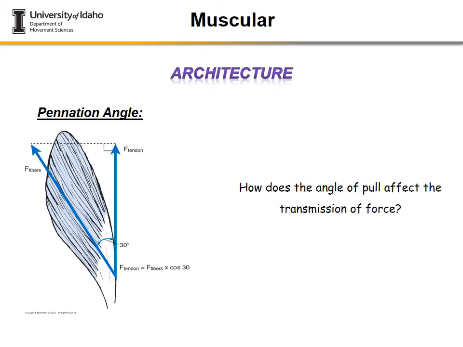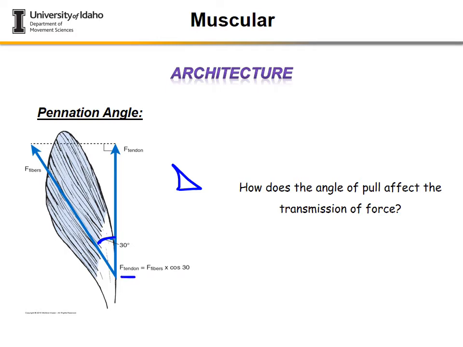And then when we get to architecture, pennation angle means quite a bit. When we look at force production, this is where your geometry comes into play, where you have your triangle and you're using a 30 degree angle of pennation.